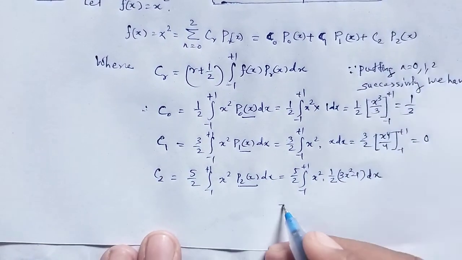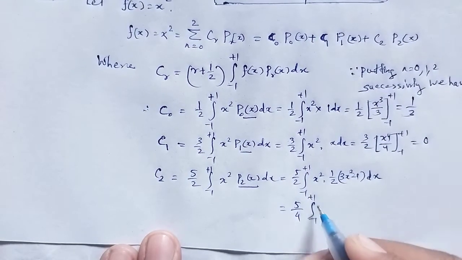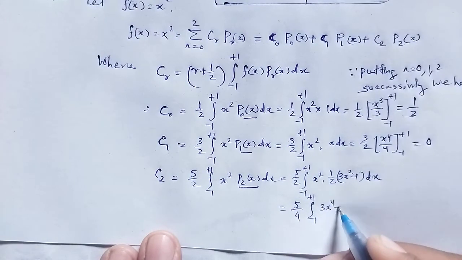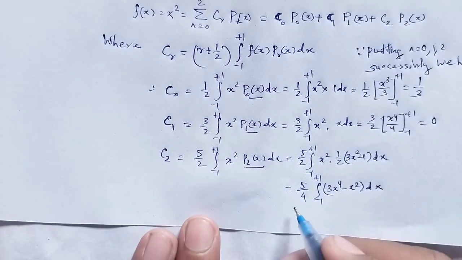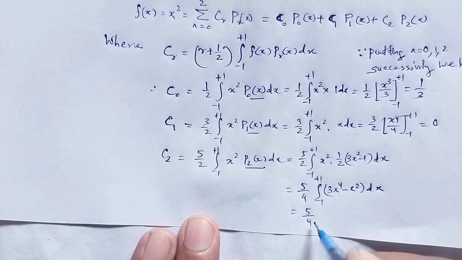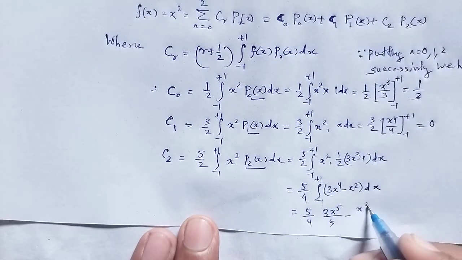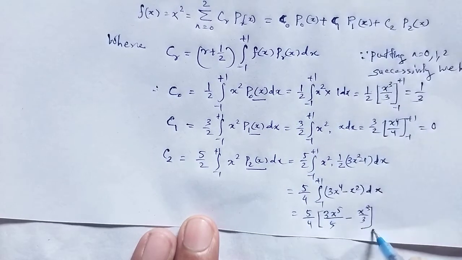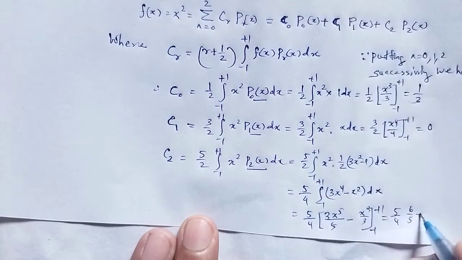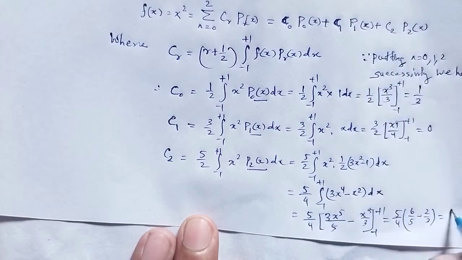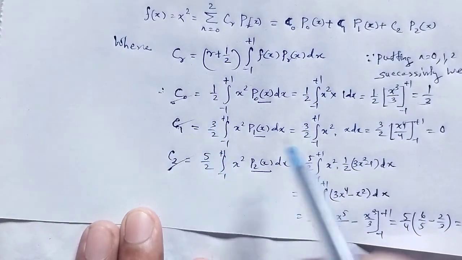That will be 5 by 4 times the integration from -1 to +1 of (3x fourth minus x square) dx, which is 5 by 4 times [3 x to the power 5 by 5 minus x cube by 3] from the limit -1 to +1. That will be 5 by 4 times (6 by 5 minus 2 by 3), which is equal to 2 by 3. These are the coefficients C0, C1, C2.